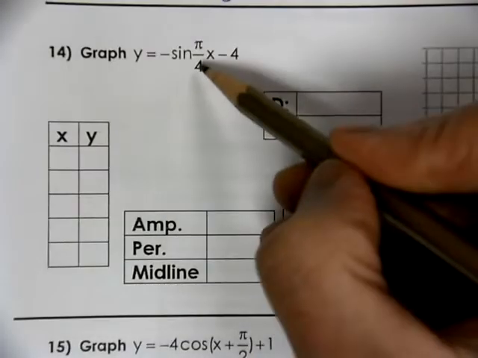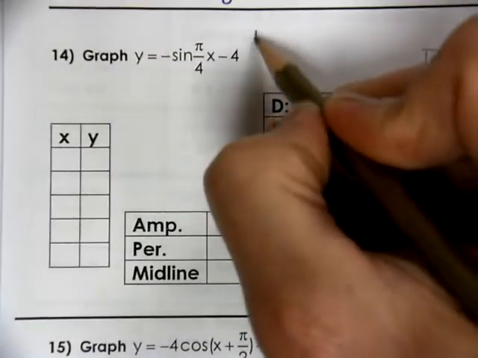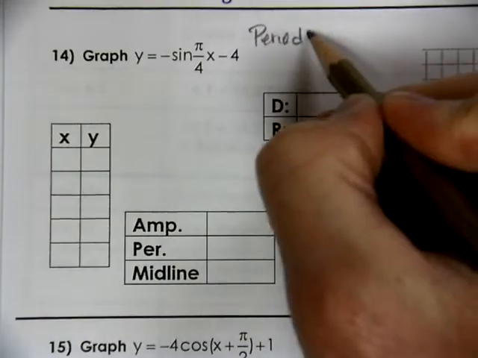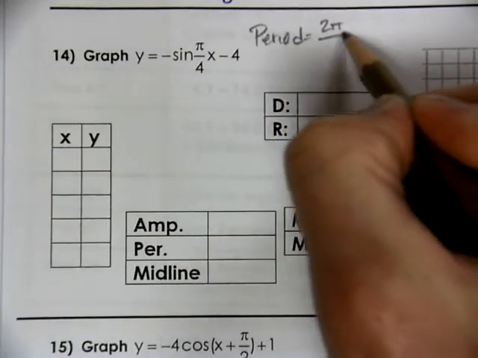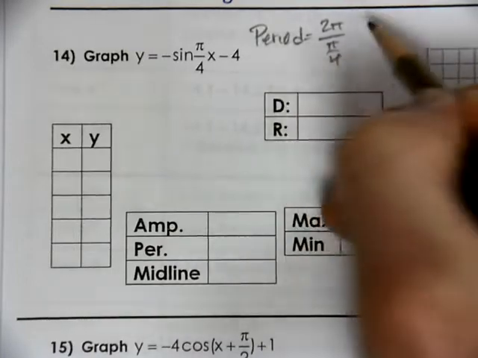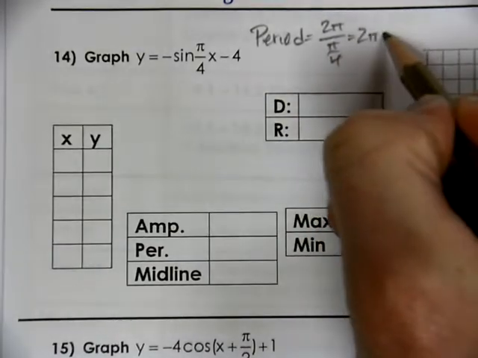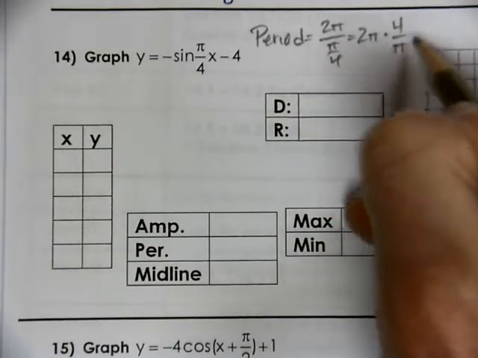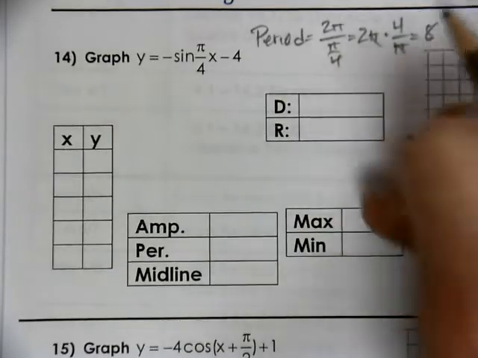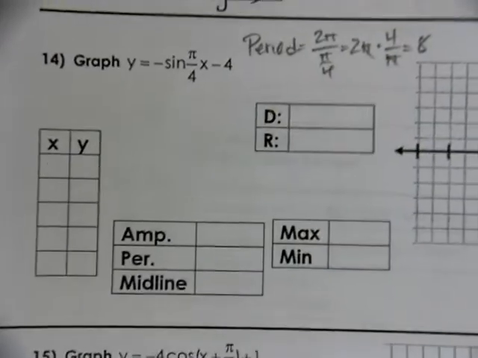So here we have a b value, so we have to calculate the period. That's 2 pi divided by b. Well, we don't divide by a fraction. We multiply by the reciprocal. Those cross off and we get 8.